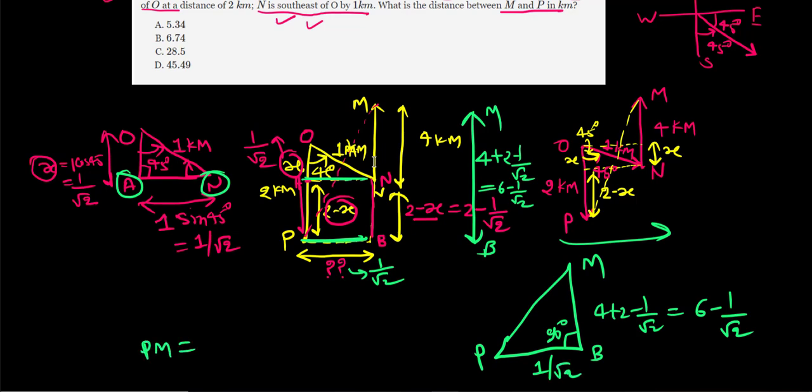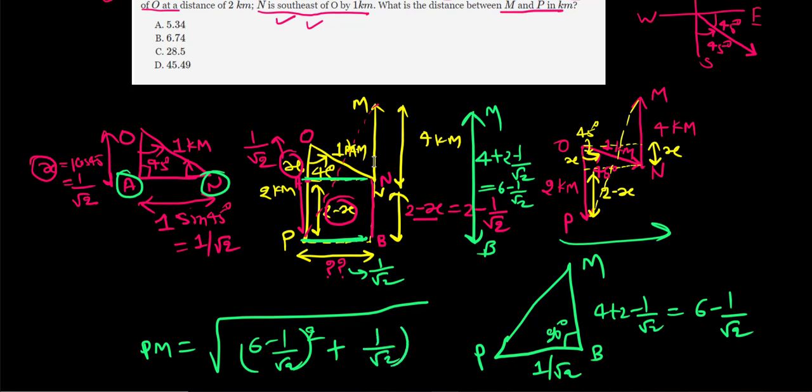So PM would be under root 6 minus 1 by root 2 whole square plus this PB whole square, which is 1 by root 2 whole square. So if you simplify this, you will get the distance as approx 5.34. So the answer would be A. So A would be the final answer.